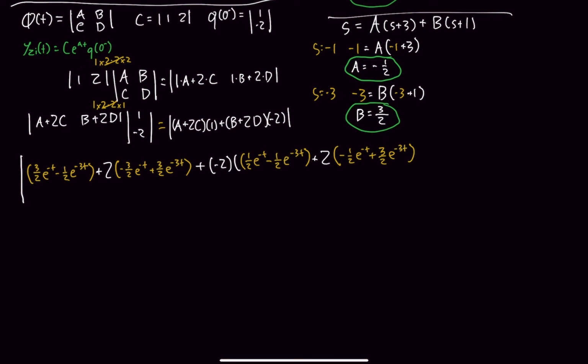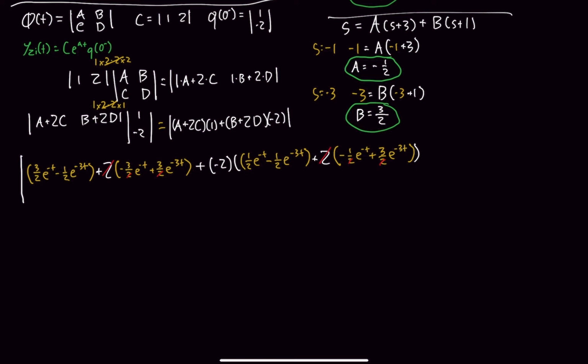Let me evaluate this. When the 2 gets distributed, I'm going to get rid of these.